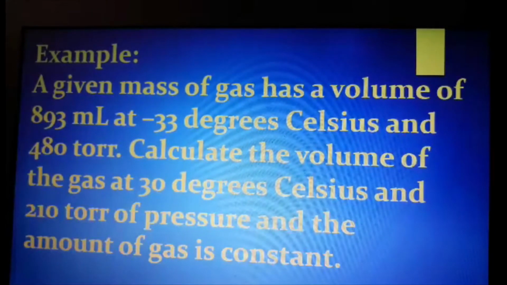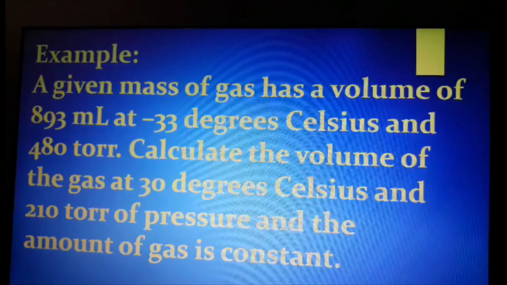Let us see a given example. A given mass of gas has a volume of 893 milliliters at negative 33 degrees Celsius and 480 torr. Calculate the volume of the gas at 30 degrees Celsius and 210 torr of pressure, and the amount of gas is constant. What are we going to find here?